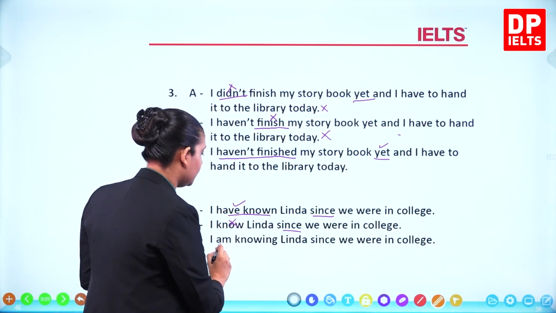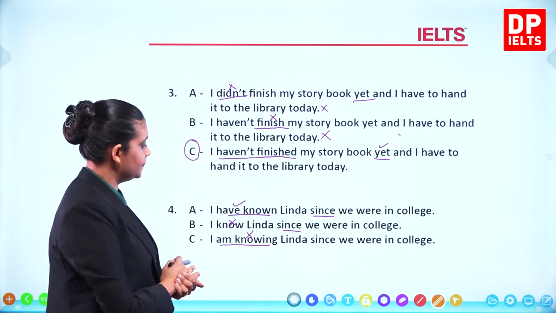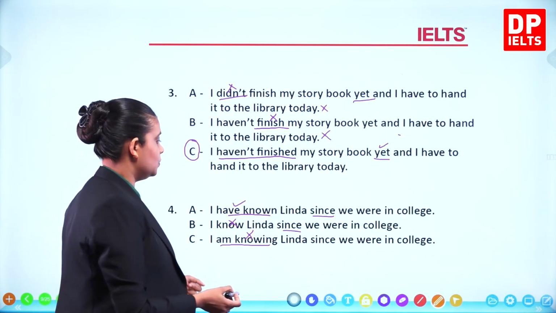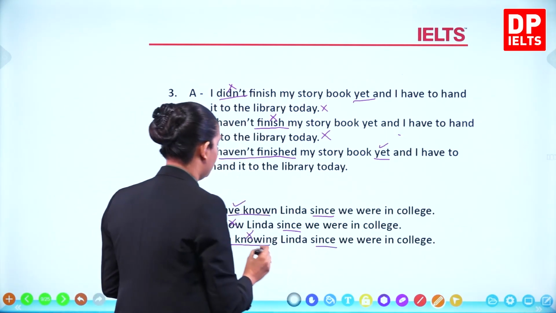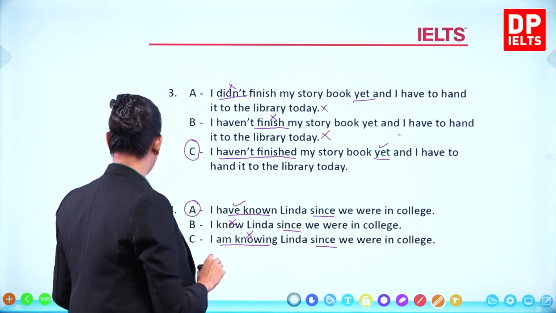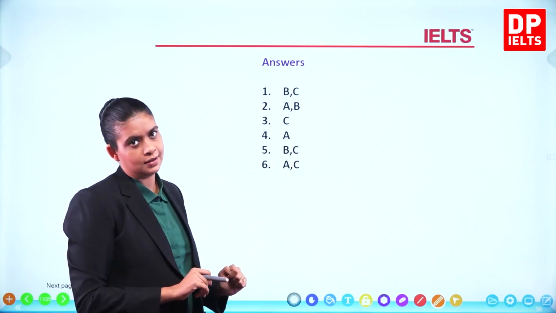"I am knowing", definitely no. Either you know something or you don't know, right? So that is a short verb. So you can't use it anyway with "since". So the only correct answer is A. And that is our answer.